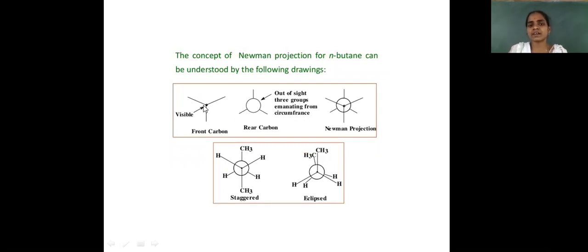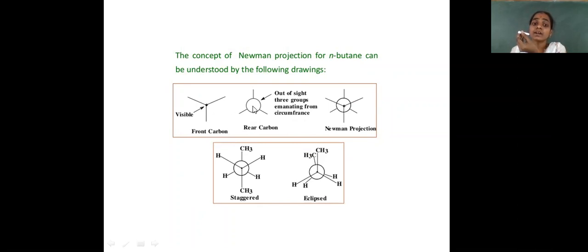This is the first carbon, represented with a point, and from that point the carbon is attached to 3 different groups. This is the front carbon. The back carbon is represented with a circle, and it is also attached to 3 different groups. These lines are the bonds radiating from the circle or the point.